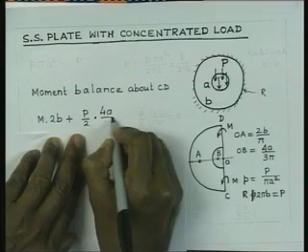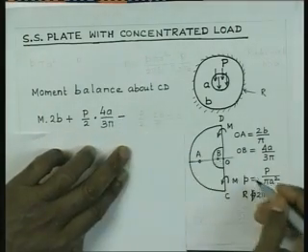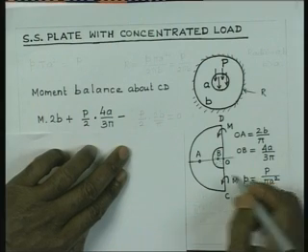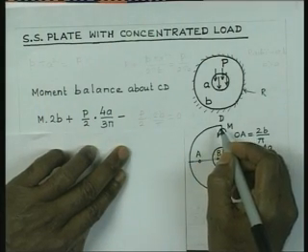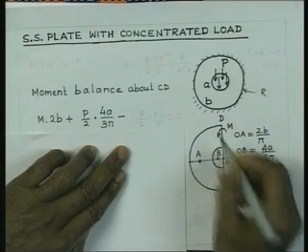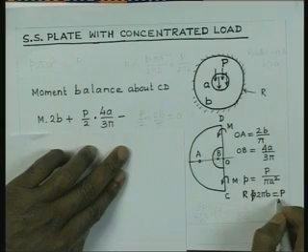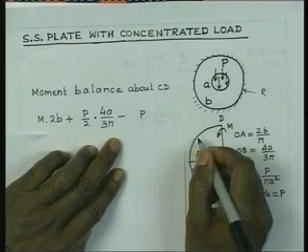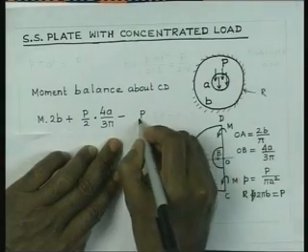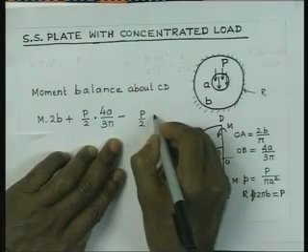So, the moment is nothing but P by 2 times 4a by 3 pi, minus the load which is acting over this boundary. It is also sum total is nothing but P by 2, which can be obtained by considering that R into pi b is going to be P by 2. So, that P by 2 is the force which is acting upward, and its moment arm is OA, which is 2b by pi.